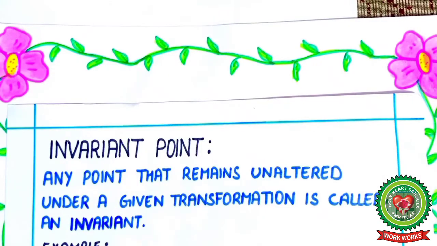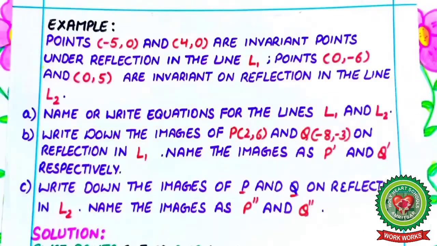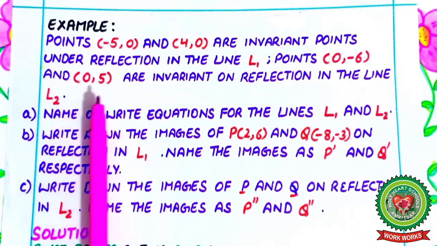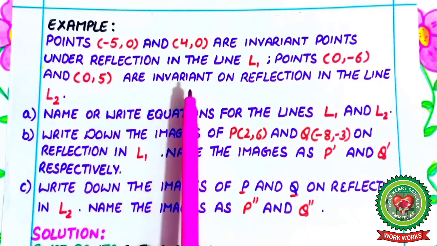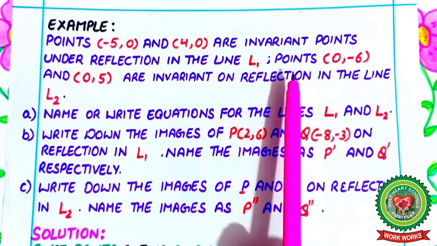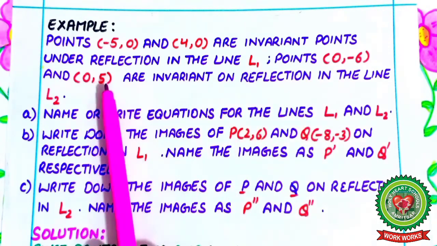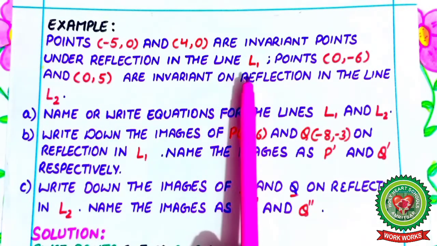So the definition of an invariant point is: any point that remains unaltered, meaning unchanged, under a given transformation is called an invariant point. Now look at an example of invariant points. Points (-5, 0) and (4, 0) are invariant points under reflection in the line L1.